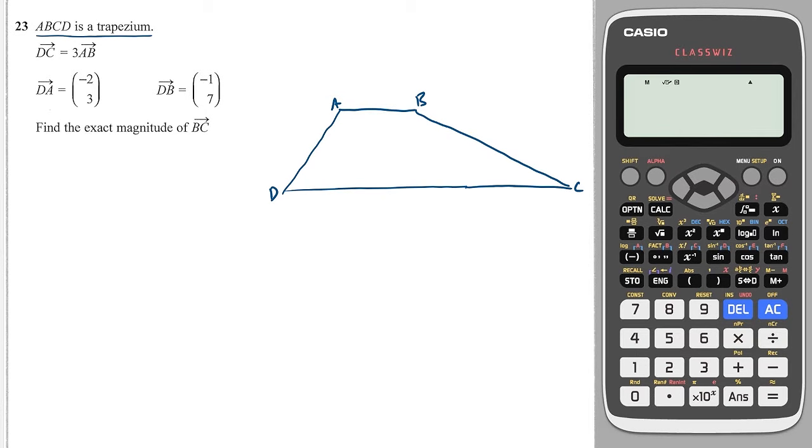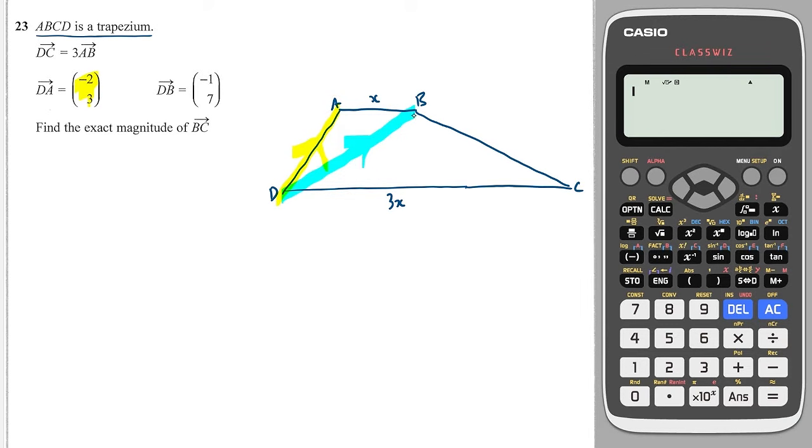So if this is x along the top, this is 3x along the bottom, like that. And we are told that D to A we know, going in this direction, and D to B we also know, going in this direction. So it says find the magnitude of B to C.